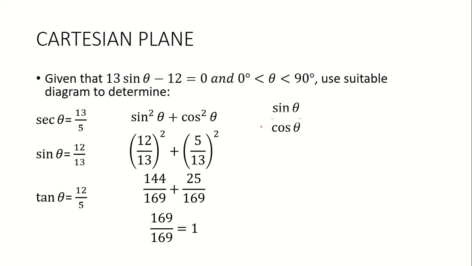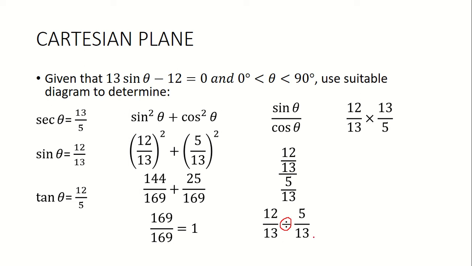Okay, now if I have sine theta divided by cos theta, sine is 12 over 13, cos is 5 over 13. So it's a division on top of division. So I'm going to change this sign here to the division sign. So I still have 12 over 13, divided by 5 over 13. I'm going to change the sign to multiplication. You know what will happen when I change it to multiplication?